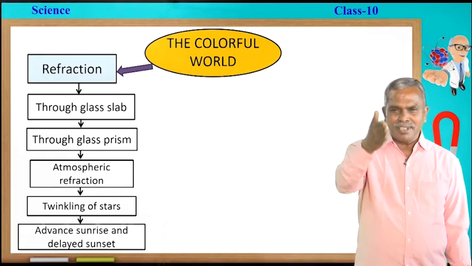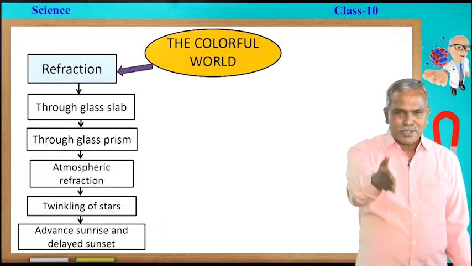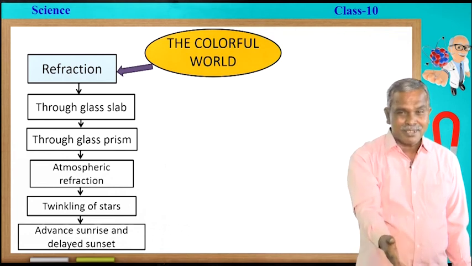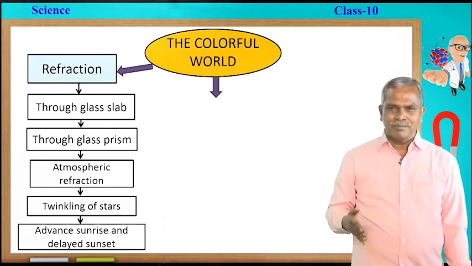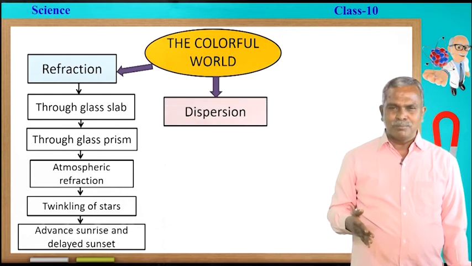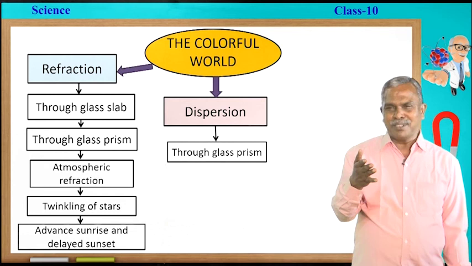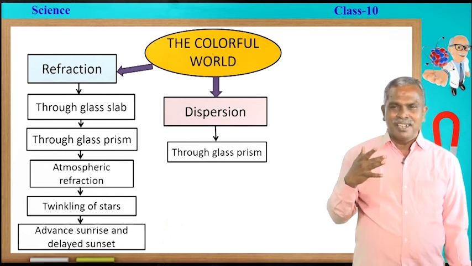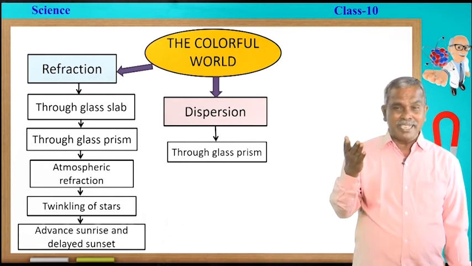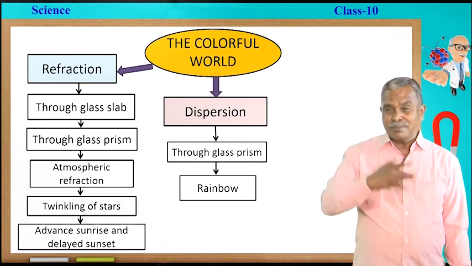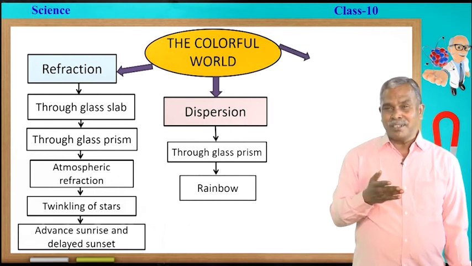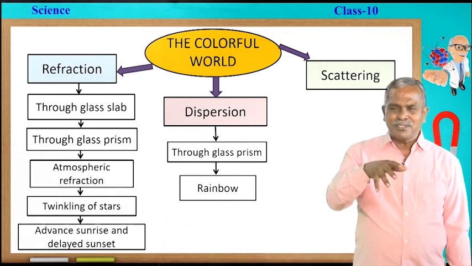So, in order all these happenings are going to happen because of the refraction of the light. Next, dispersion. So, how the dispersion is going to happen? Through the glass prism, and what is the spectrum of the light? Then rainbow, how rainbow is going to happen? Like that, all the things you are going to recall.